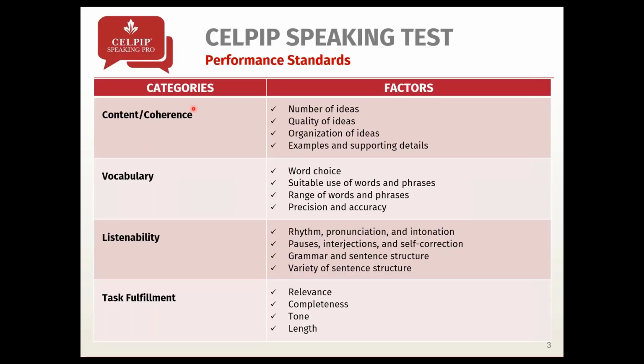Mario is asking, do you need to use an example for every idea that you put in your response? So the answer to that is you need to develop every idea in some way. You can't just mention an idea and move on. So if you decide that, let's see, I'm trying to think of an example.